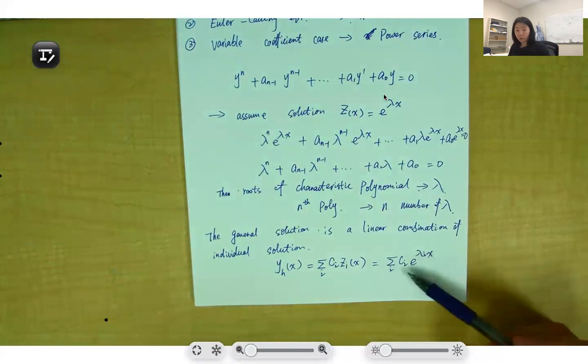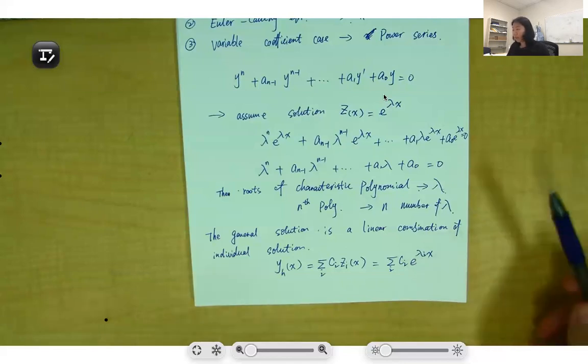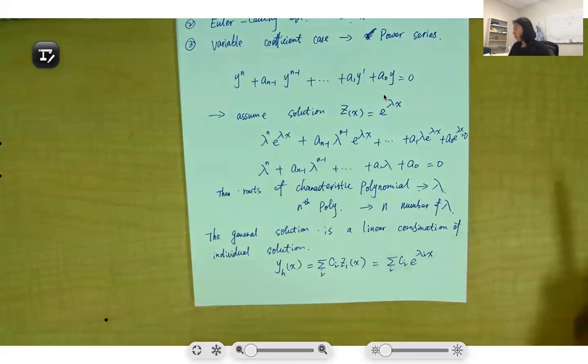And in order to determine what your C_i are, you need to specify an initial value problem or boundary value problem to give specified conditions.